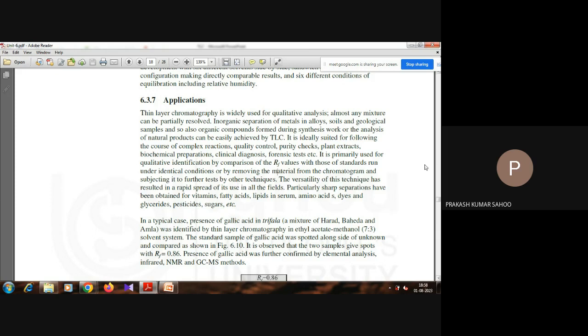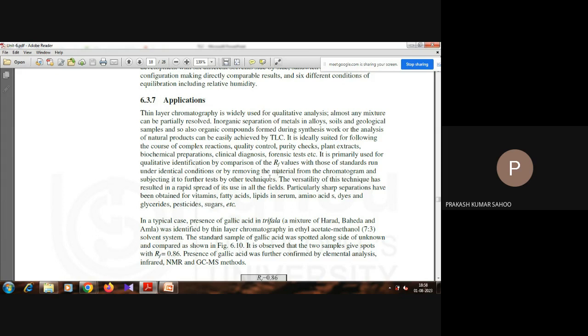It is primarily used for qualitative identification by comparison of RF, for which we have already seen 2 to 3 examples. That is the lead pollutant in the air sample, and the second one was your nickel, manganese, zinc example.